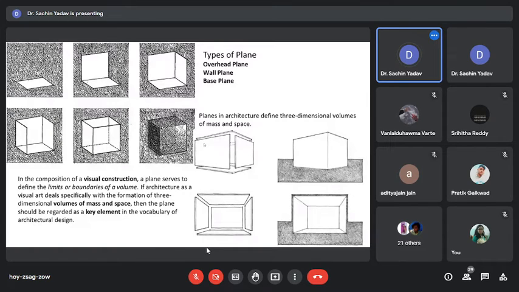So the space can be transformed with the help of these wall planes. So the third one is the base plane.